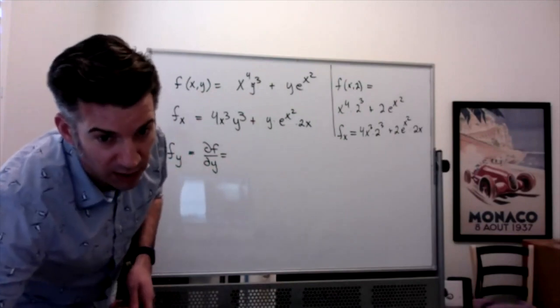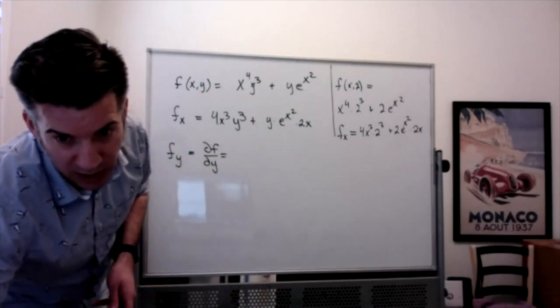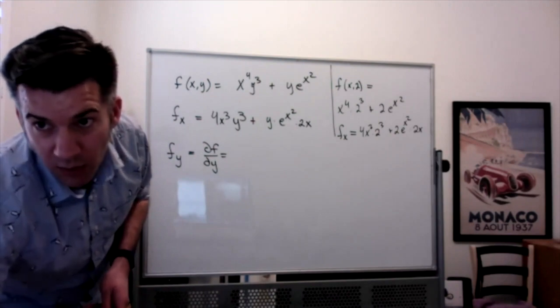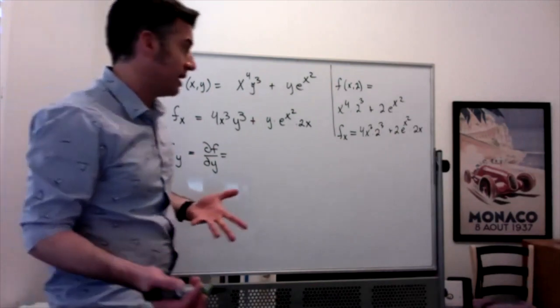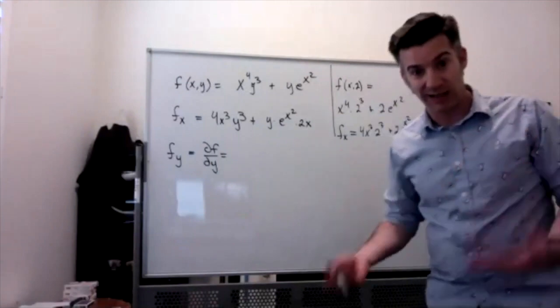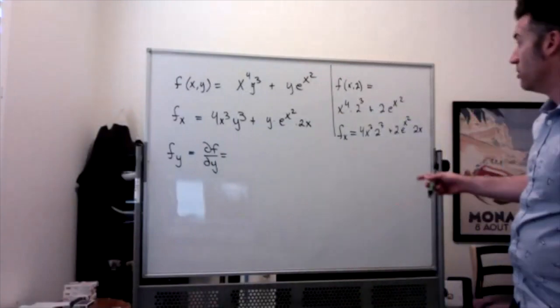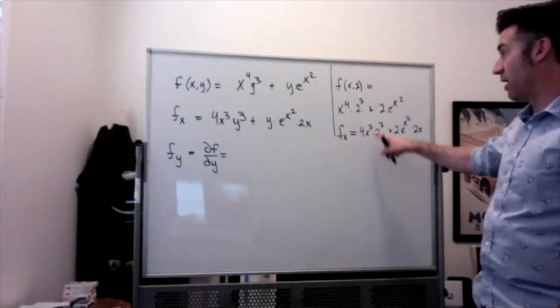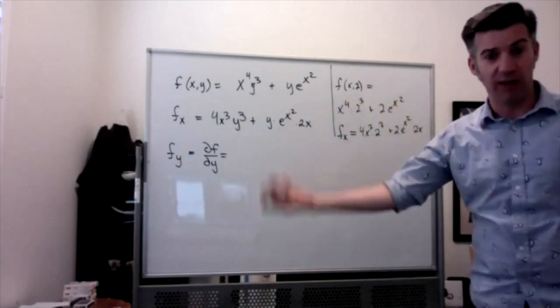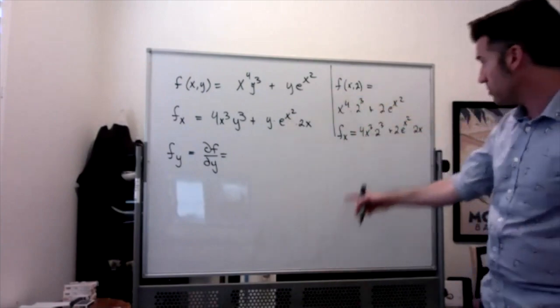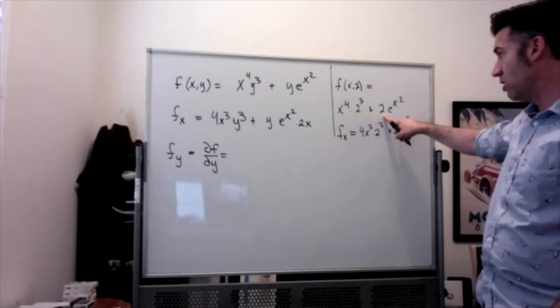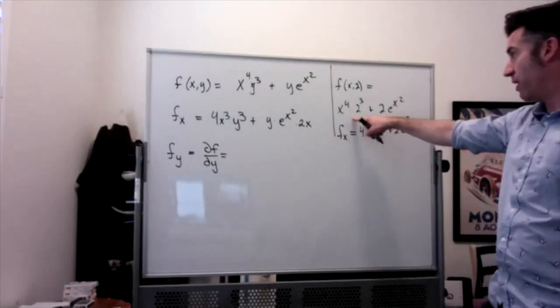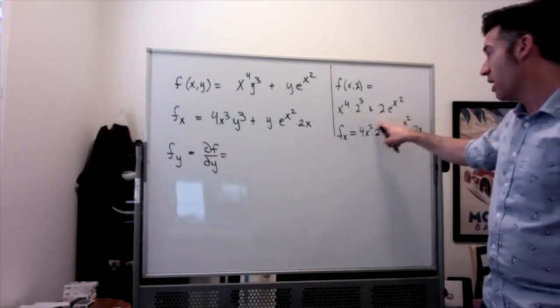Plugging in 2 for y is not something you will see people do generally. The reason I did it was just to emphasize that y is acting like a constant. I'm looking at the function and saying, I'm just going to let y be a constant. Then I took the derivative of that expression when y was equal to 2, and got this expression.